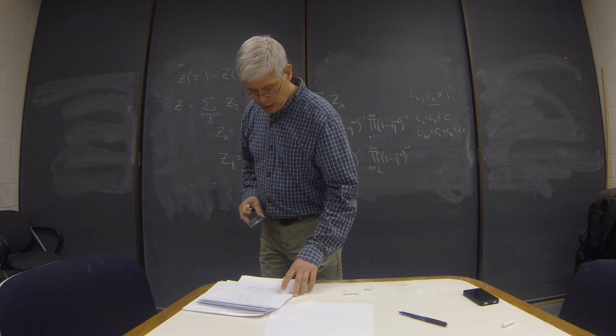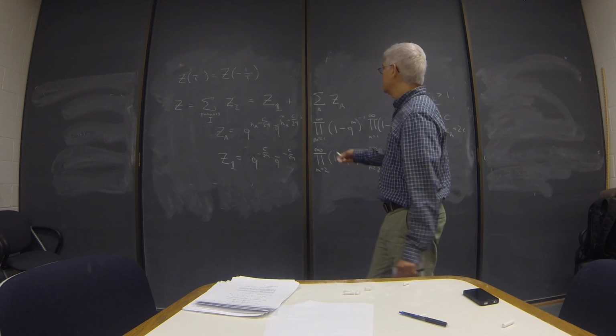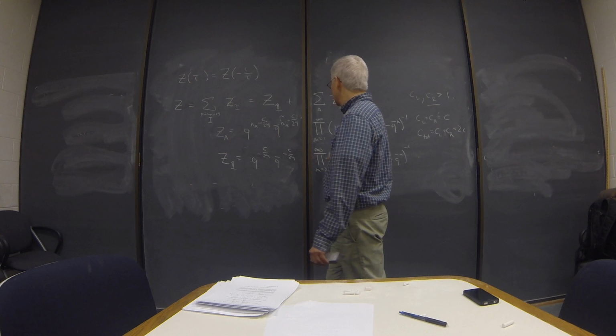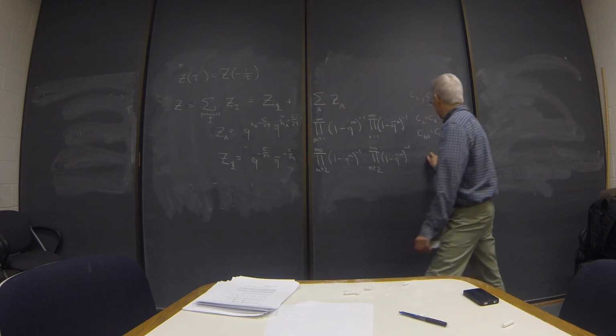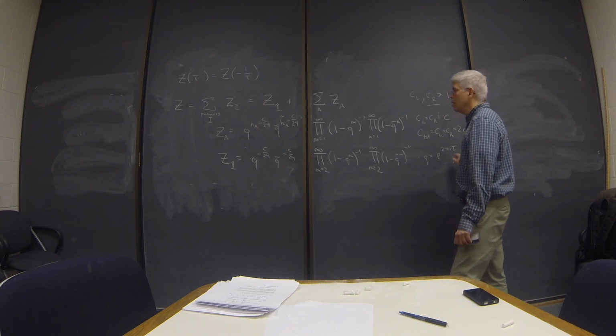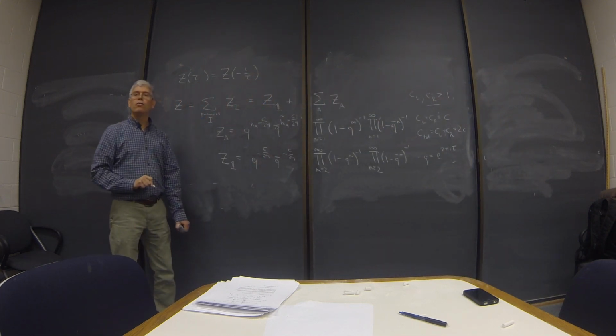Okay, let's see. So notice just from looking at this partition function that this identity is the ground state operator, and you can read off from here. I should have said that Q is e to the 2 pi tau. So you can read off from here the energy of the ground state.